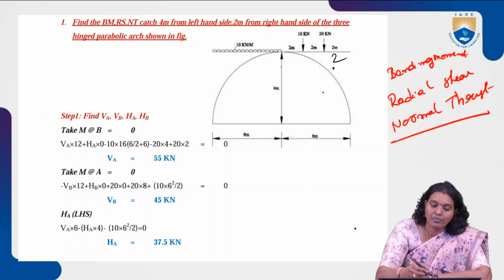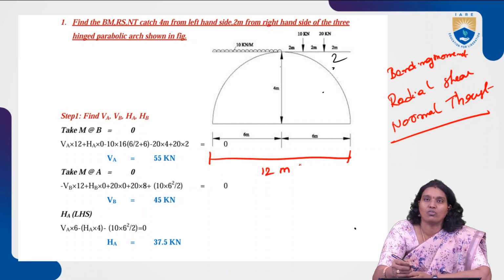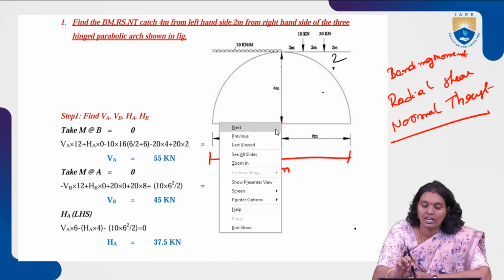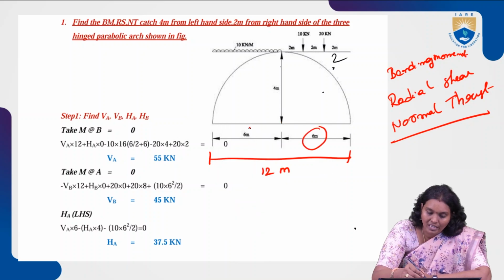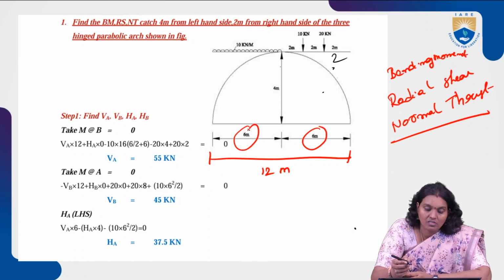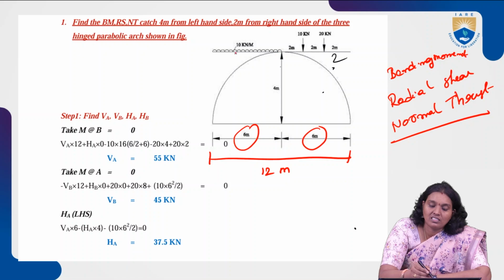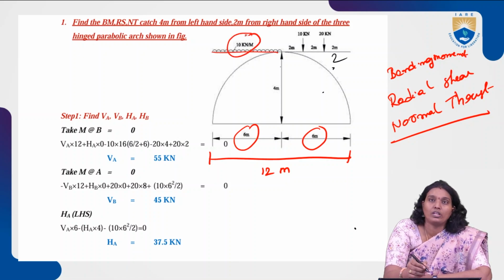The length of the span in total is equal to 12 meters. From the midpoint to the crown is 6, so the left side of the crown is 6 meters and the right side of the crown is also 6 meters, total 12 meters. Now on one side a uniformly distributed load is there, equal to 10 kilonewton per meter.